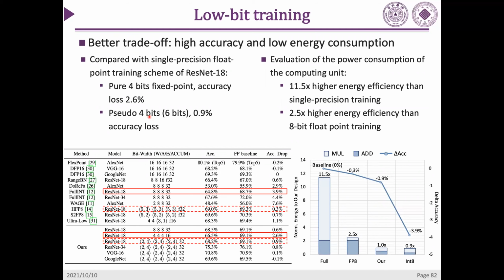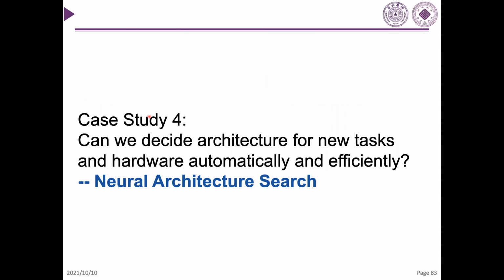That will be a very interesting direction for future research. And another direction is, can we design the architecture for new tasks and hardware automatically and efficiently? That is the neural architecture search.